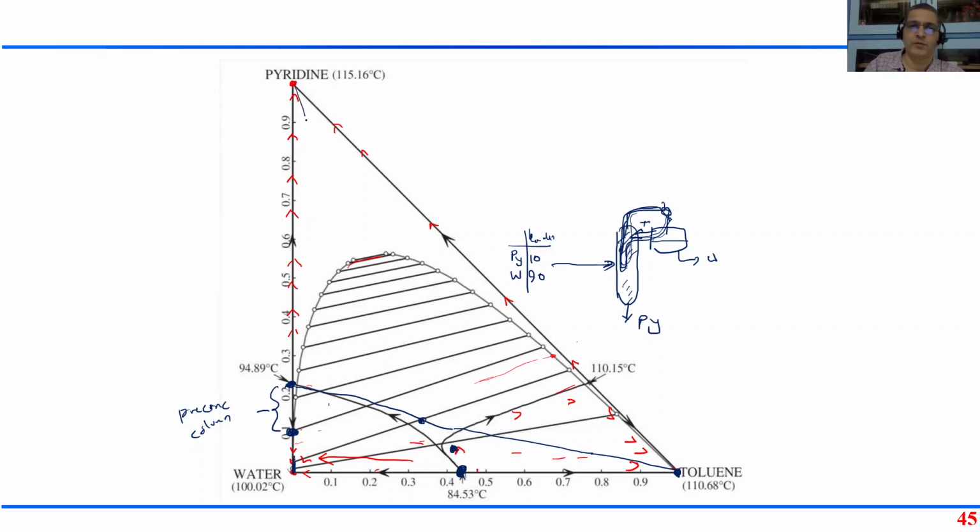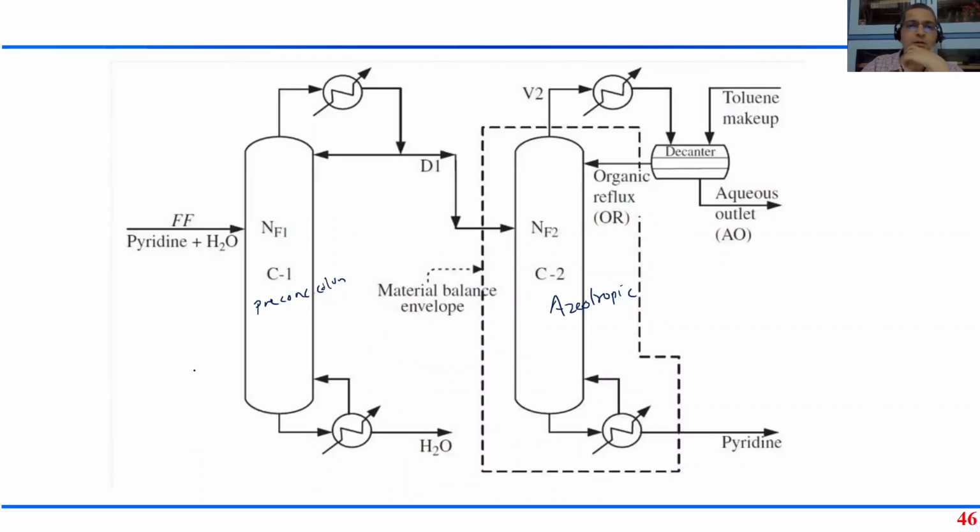Now of course I can do the distillation. I'll get pure pyridine at the bottom. I will get the azeotrope of toluene and water at the top of the column. Pyridine at the bottom and azeotrope of toluene and water at the top. Okay, so this could be the pre-concentration, one column, say here. So then I am getting pure water at the bottom.